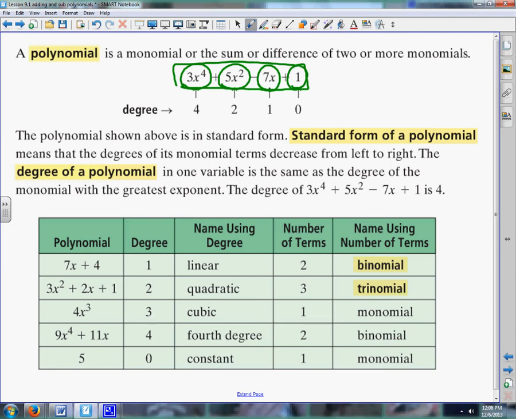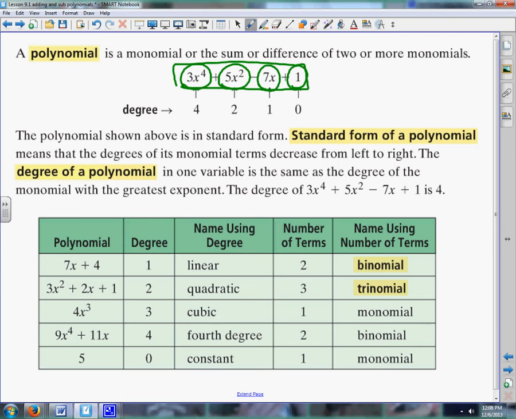So the degrees of each monomial go from left to right. You're going to want to put the biggest one first, and then each one after that. I can't add 3x to the fourth and 5x to the second and get 8x to the sixth because it's addition. I cannot do that. Those are completely separate terms.